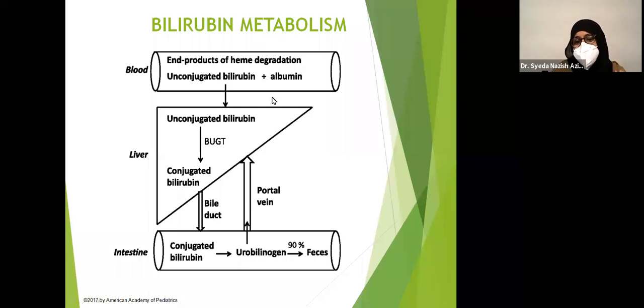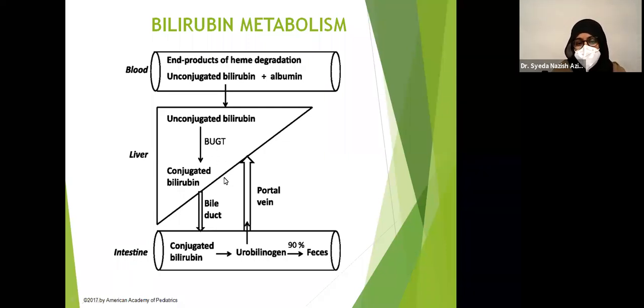So this unconjugated bilirubin is then released into the blood, where it gets bound to the albumin, which acts as a transporter for the unconjugated bilirubin and is taken to the liver, which is where it is taken up and is converted by the enzyme UGT, which is bilirubin glucuronyl transferase, to the conjugated type of bilirubin.